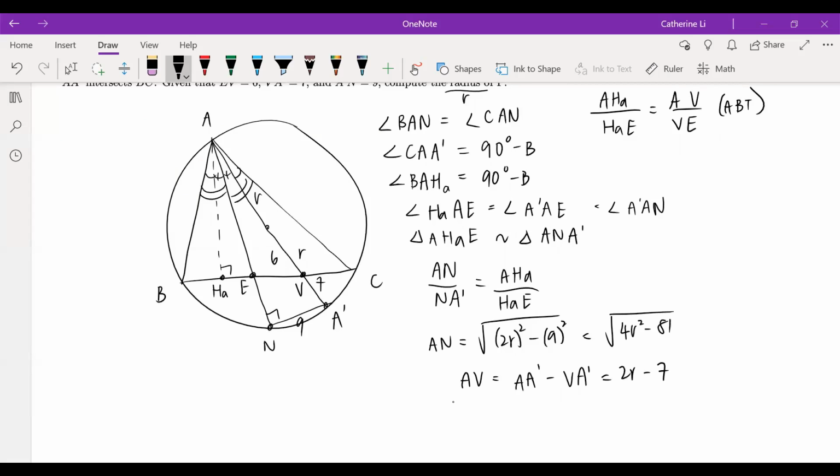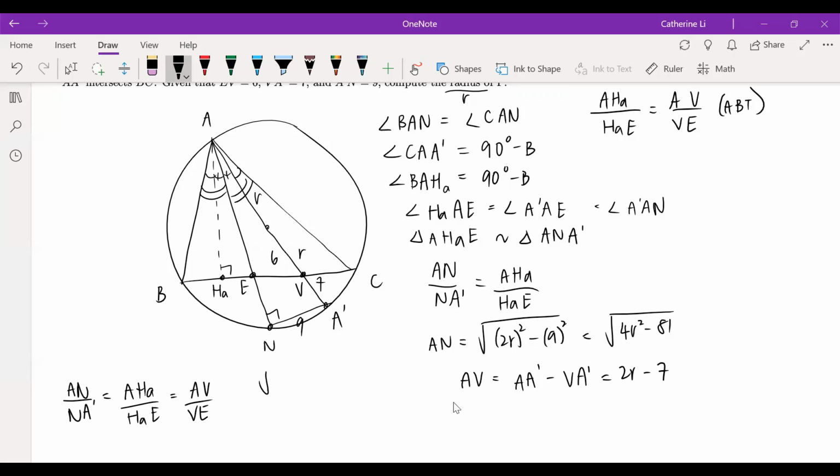So we have AN over NA prime is equal to AHA over HAE, which is equal to AV over VE.